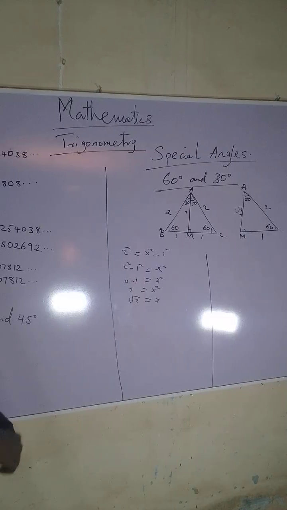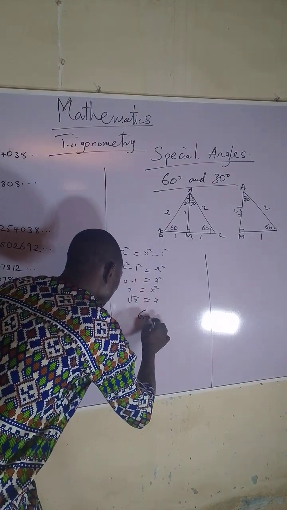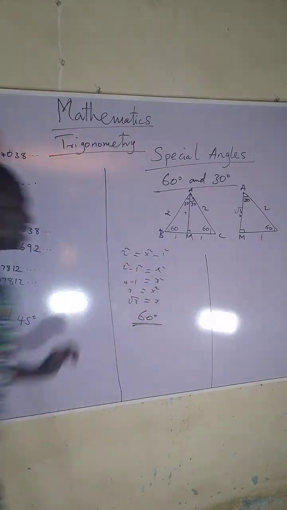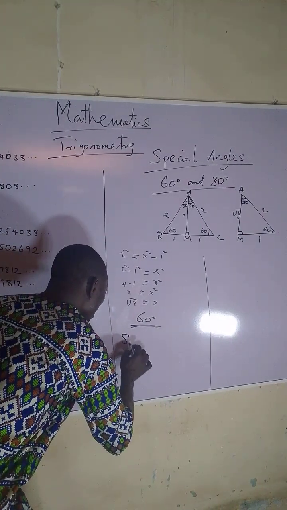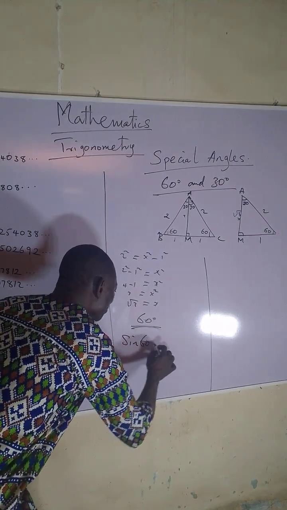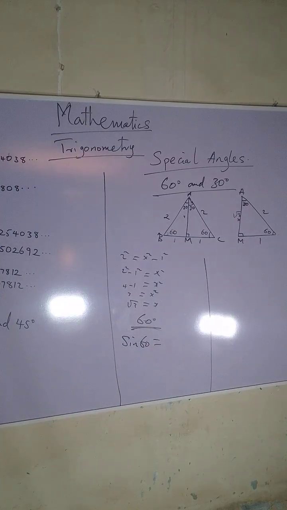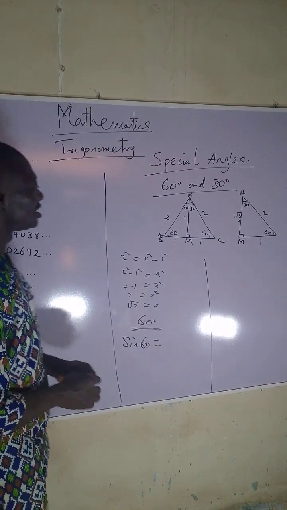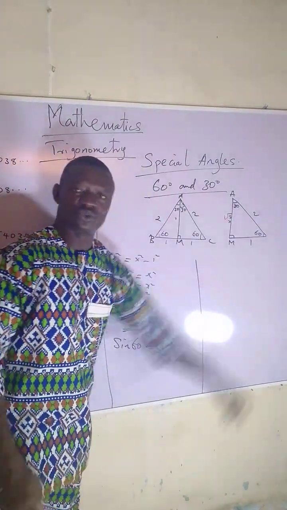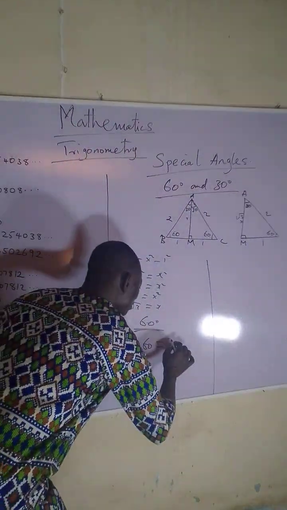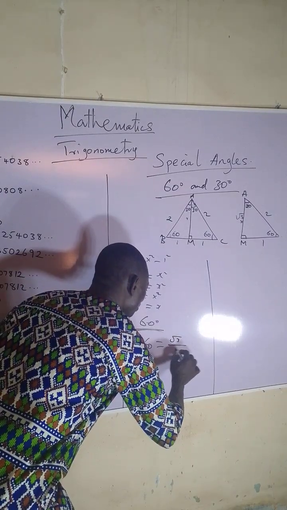Let us start with 60 degrees. In 60 degrees, let's find the sine. Sine 60 degrees here is going to be opposite over hypotenuse. The opposite is root 3. Hypotenuse is 2. Which is going to give us root 3 over 2.